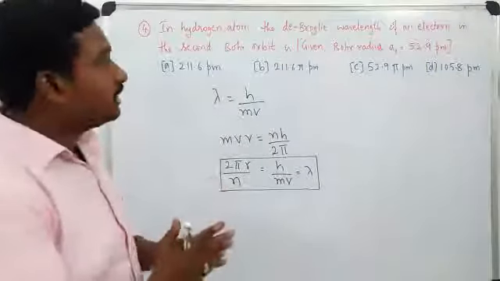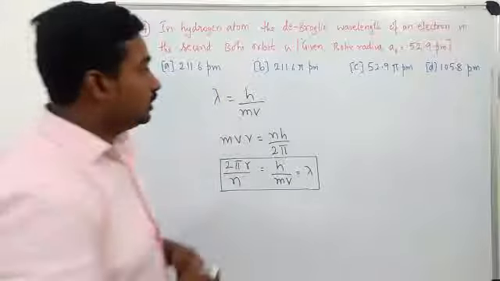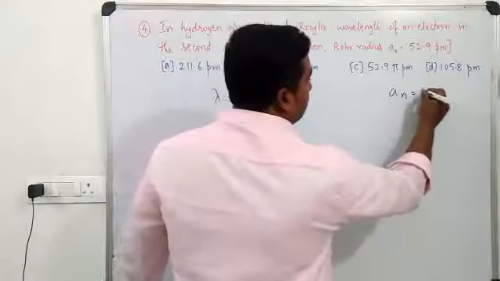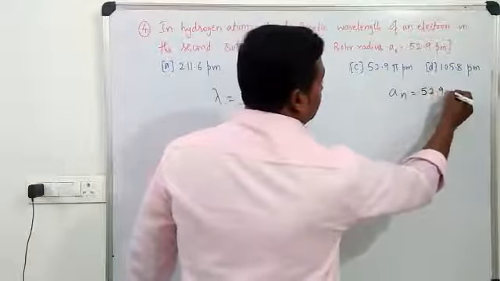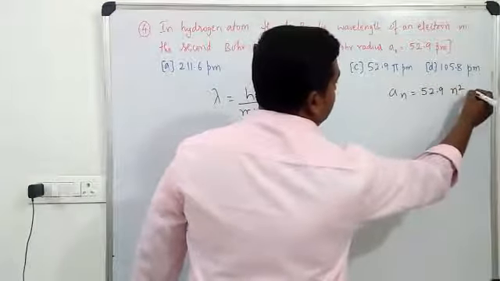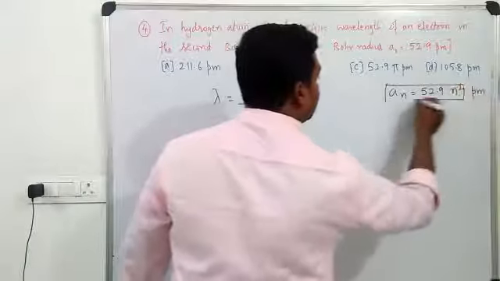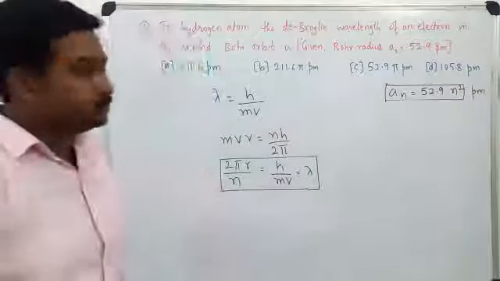So I first calculate the second Bohr orbit value, where we have the equation an equals 52.9 into n square picometer. This is the expression to find out the radius value.